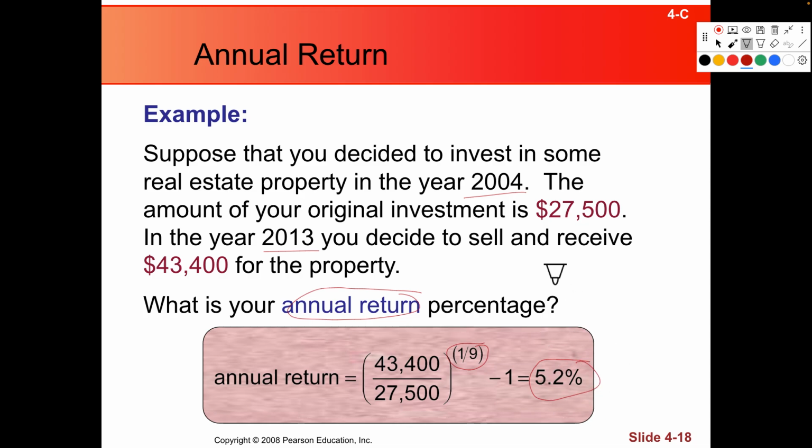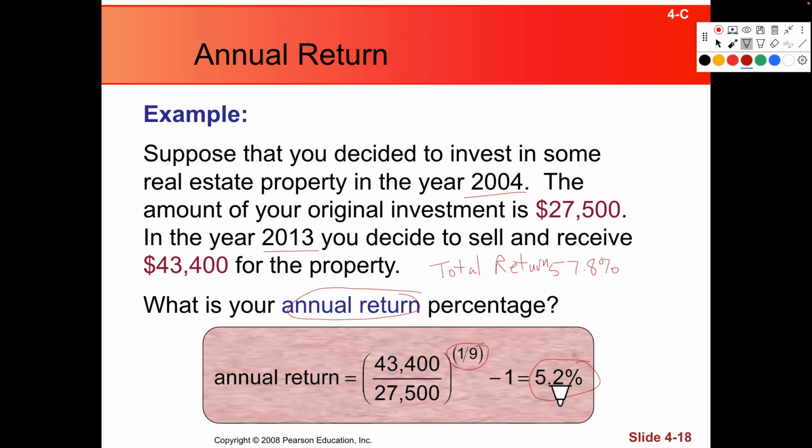So be careful, because a lot of times they'll say our total return on an investment is 57.8%. And that word total makes it sound like that's the real return. It just means it's over all the time. But annually, it was like getting 5.2%.